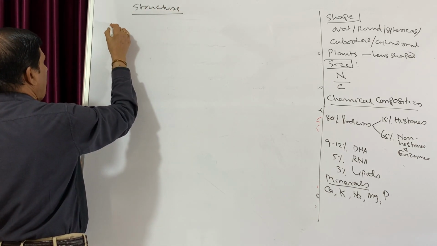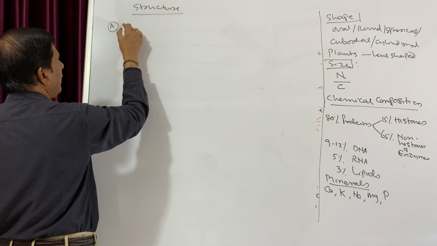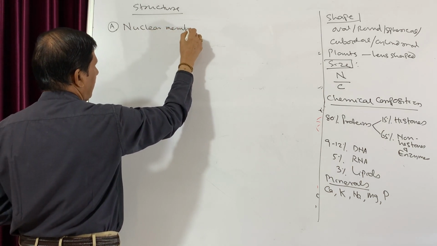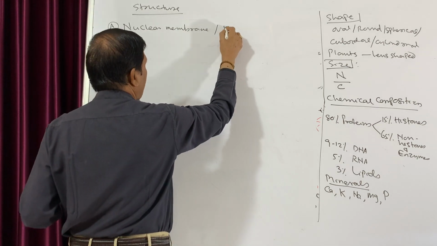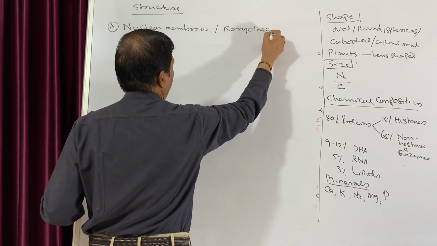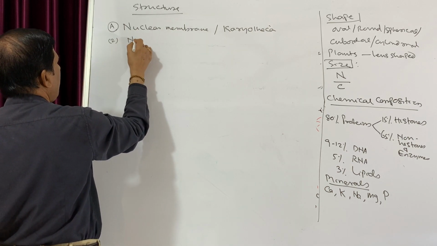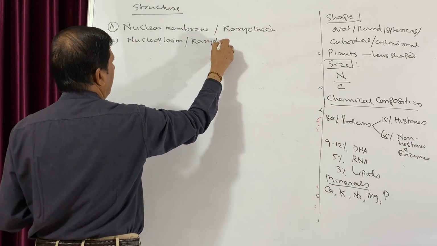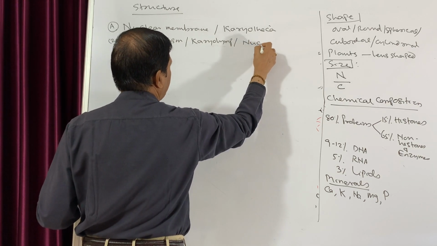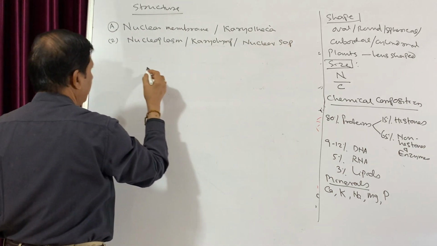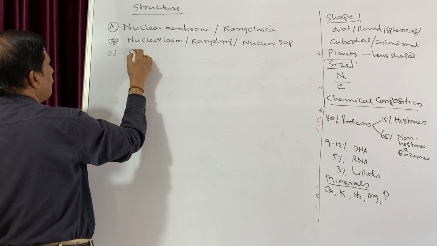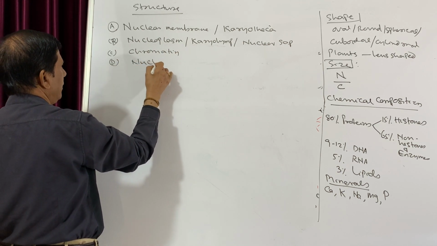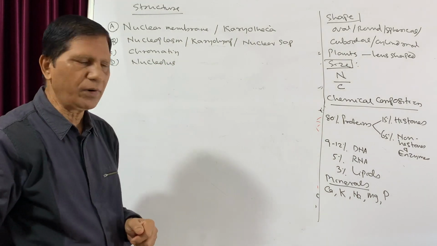So it has usually 4 parts: number 1 is the nuclear membrane or karyotheca, then nucleoplasm or karyolymph, also known as nuclear sap, the third is chromatin, and the fourth is nucleolus. We'll discuss one by one.